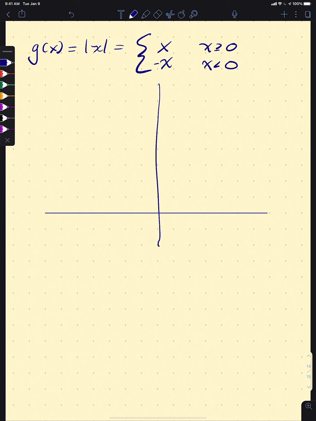Well, again, let's plot some points. If we're at 1, we just output 1 because 1 is greater than 0. If we're at 0, well, we output 0, because we're just outputting what our input is. So if we're at 2, our output is 2. If we're at 3, our output is 3, and so on.